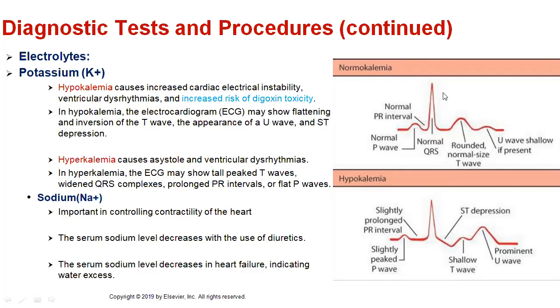Okay. What about the sodium? Another important electrolyte is sodium, right? Sodium is important in controlling the contractility of the heart. The serum sodium level decreases with the use of diuretics. When the serum sodium level decreases, we call it hyponatremia.